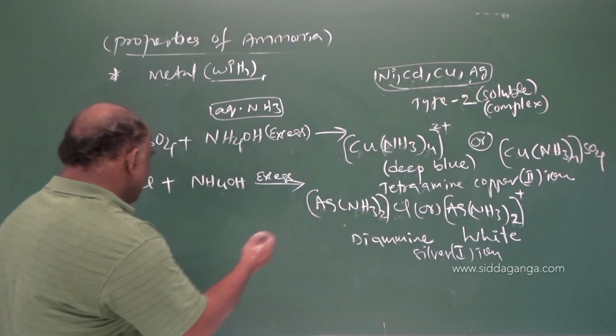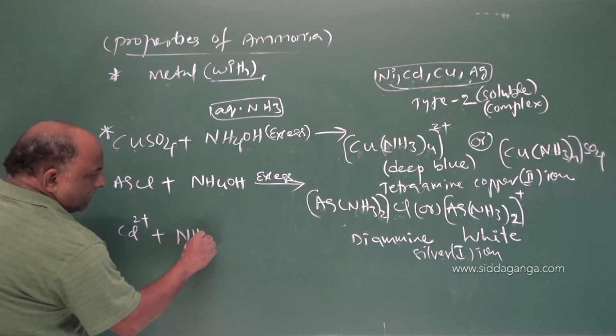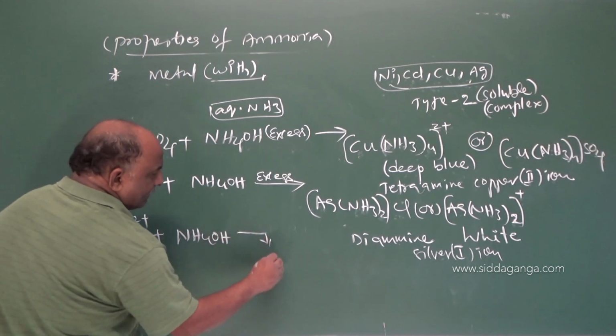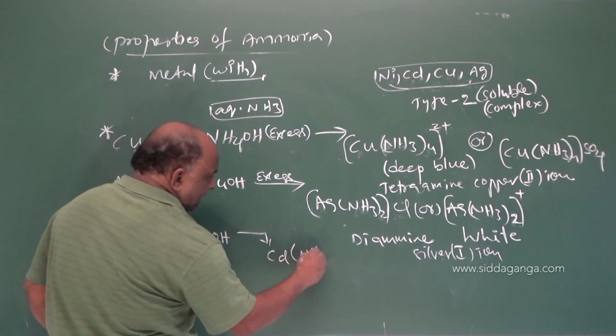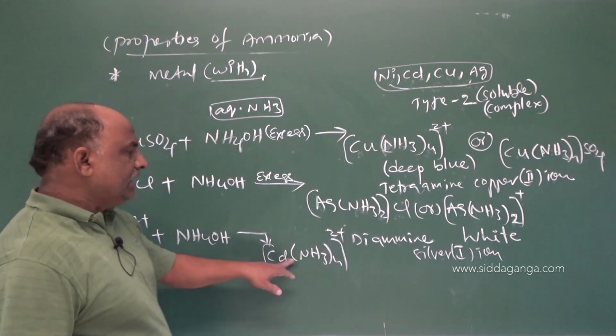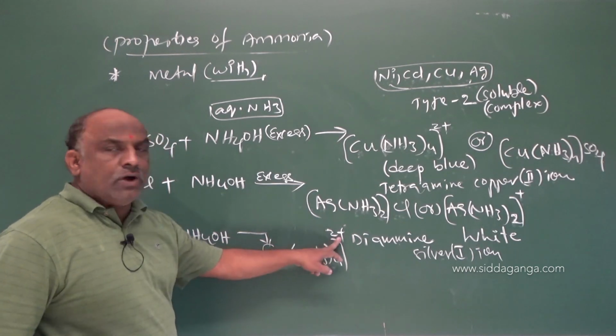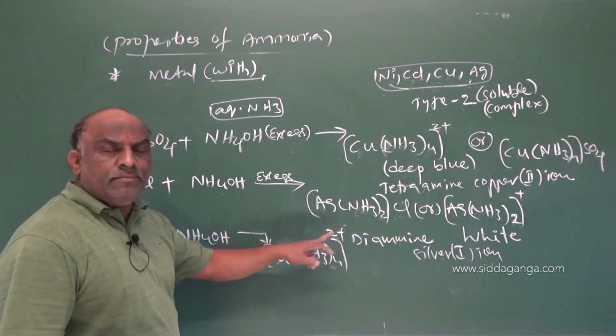If you consider cadmium, Cd 2+ ions combine with NH4OH, giving the compound Cd(NH3)4 2+. What is Cd(NH3)4 2+? Tetramine cadmium 2 ion.